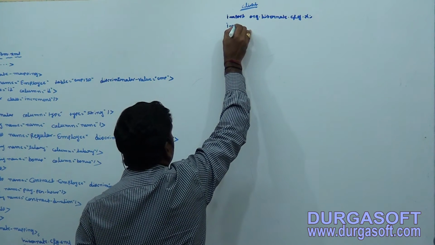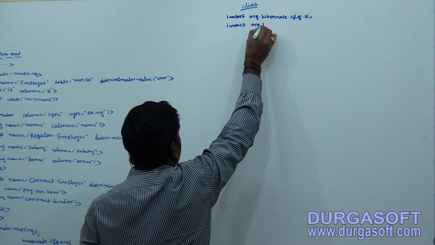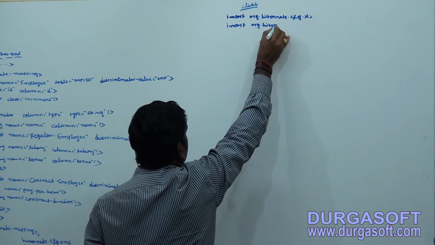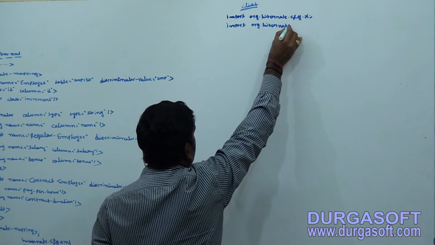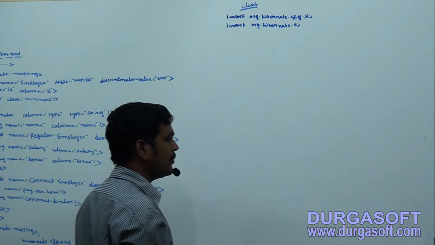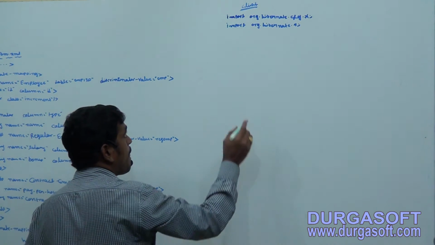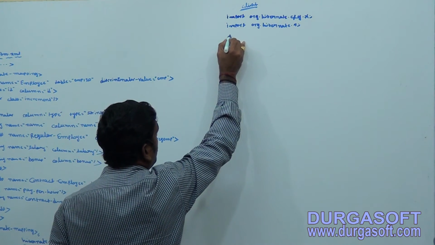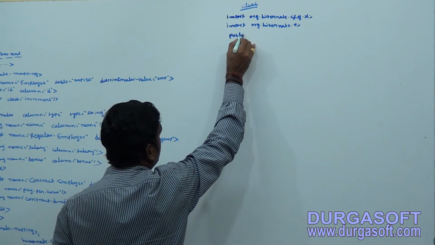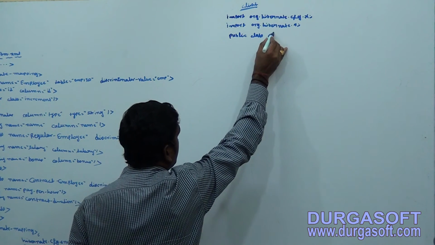The next, import org.hibernate.* package. After that, public class Client.